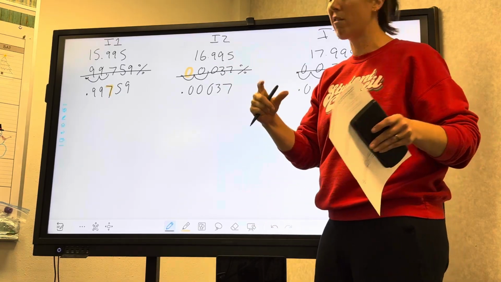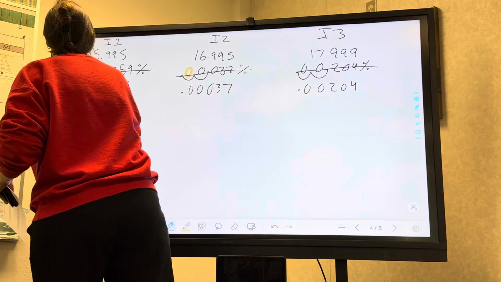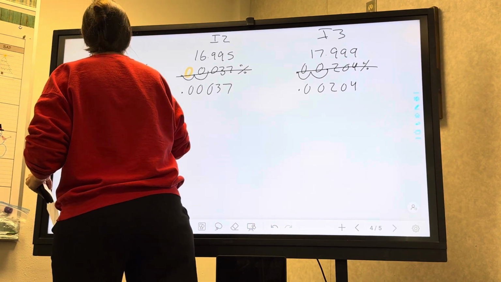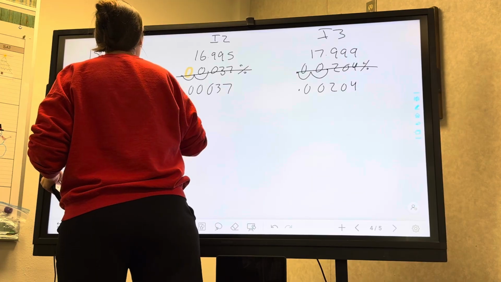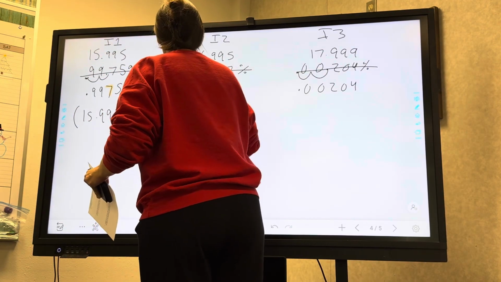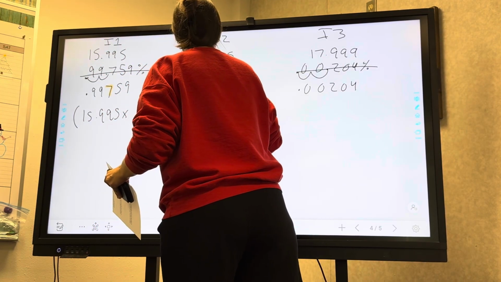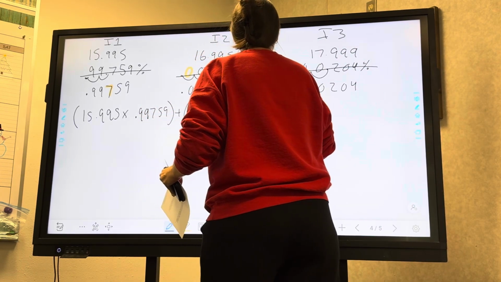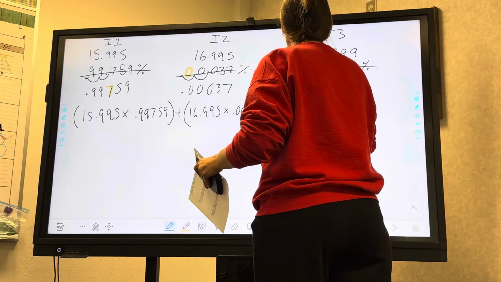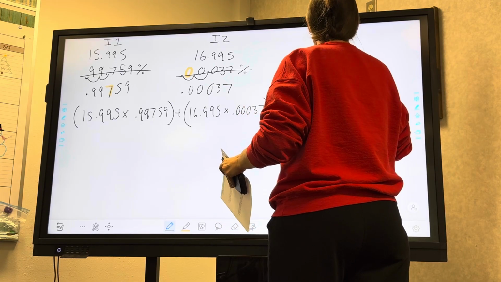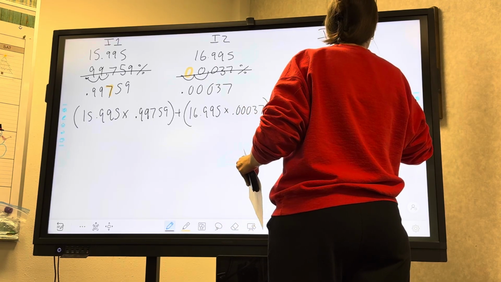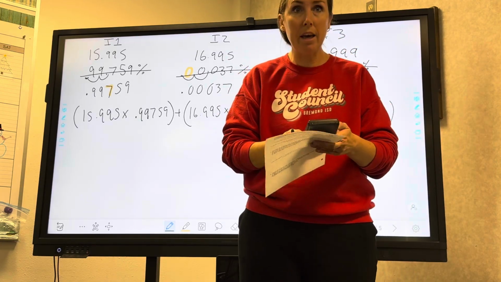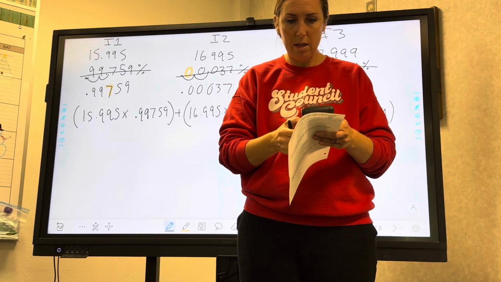Okay, now let's put it in our formula. 15.995 times 0.99759 plus 16.995 times 0.00037 plus 17.999 times 0.00204.